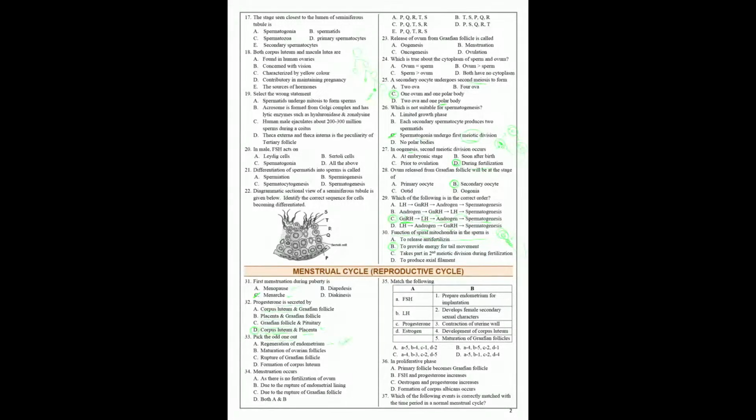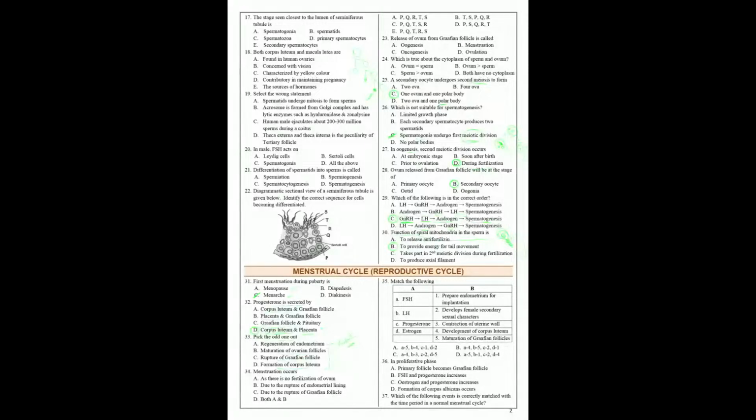After the menstruation, the ovary will again start releasing hormones, and that will cause the regeneration or redevelopment of the endometrial wall. Then maturation of ovarian follicles, rupture of Graafian follicle, formation of corpus luteum.